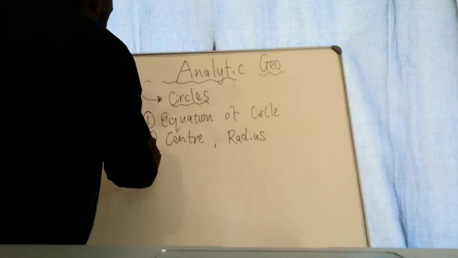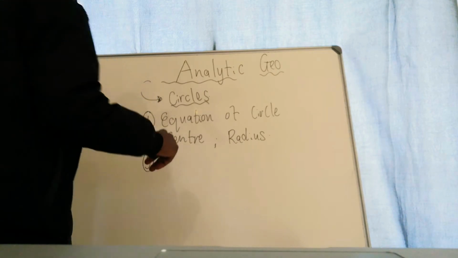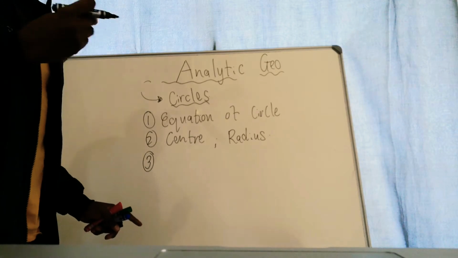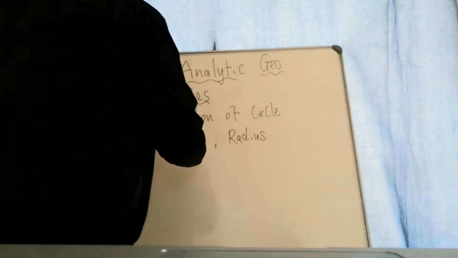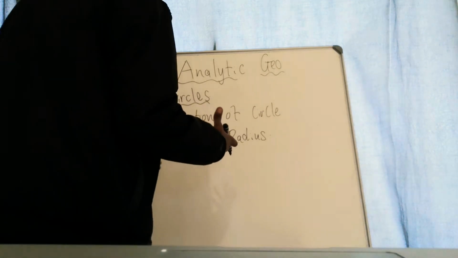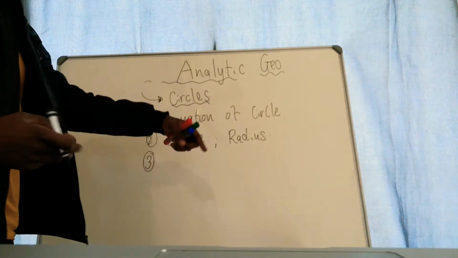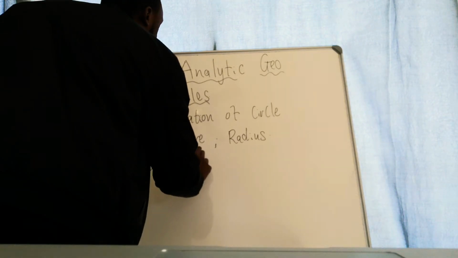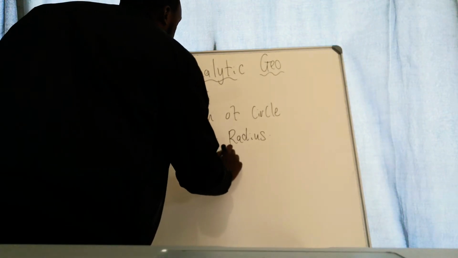And then video number 3, I'll try and divide these videos per concept. Video number 3 will be on, now that we have the equation, now that we've seen how to calculate the center and the radius, how we get the equation of tangents to the circle.